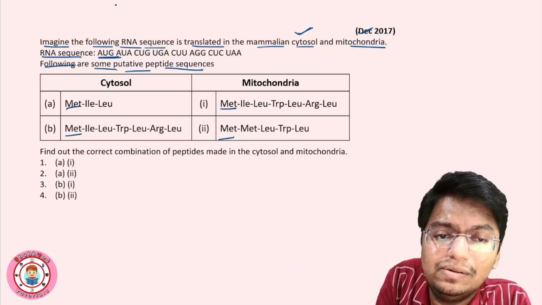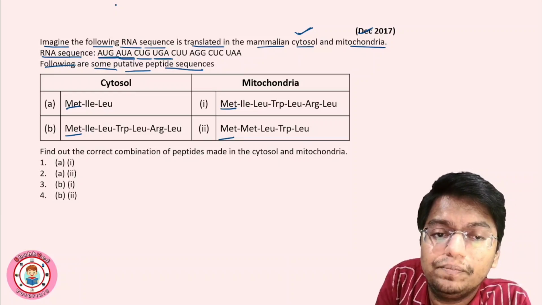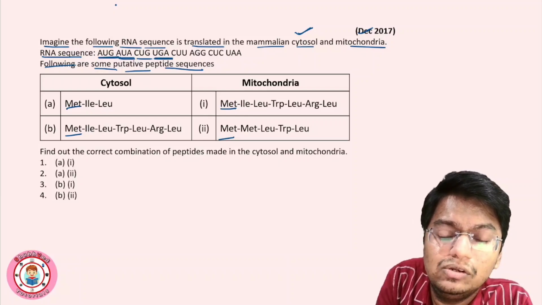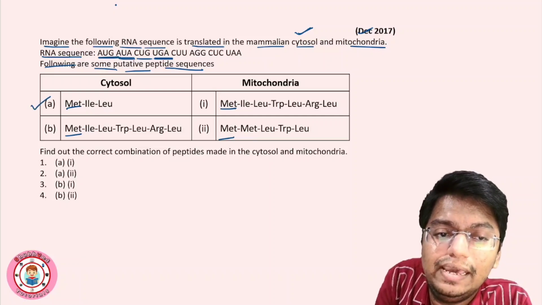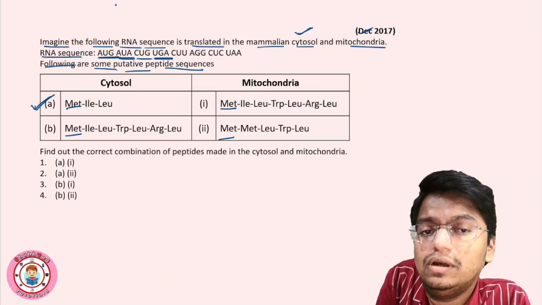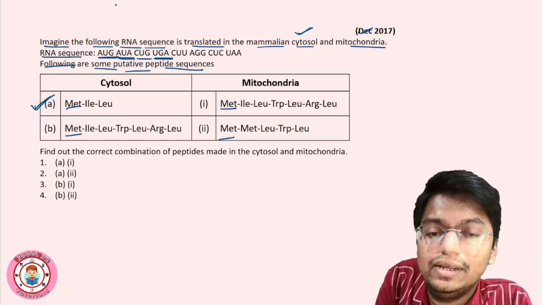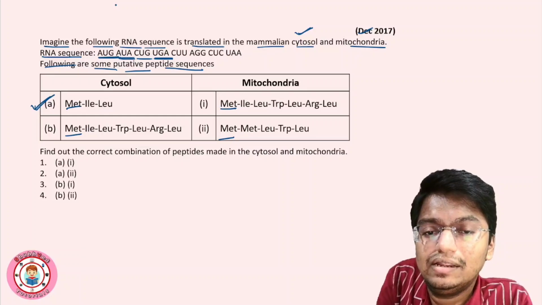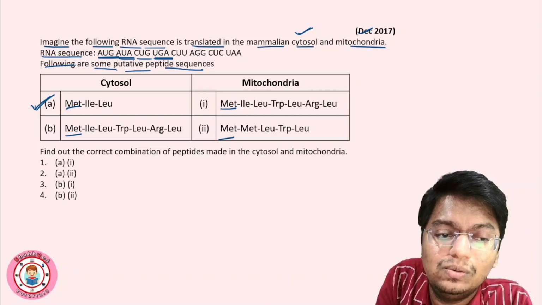Okay, AUA suppose we don't know. CUG we also don't know. So this is the second position, third position. UGA is a stop codon, right? UGA will be a stop codon, so here no amino acid will be coded. So I think A will be the correct option for the cytosol case. Right? And about mitochondria we will have to see. Okay, so let's see now in the table.